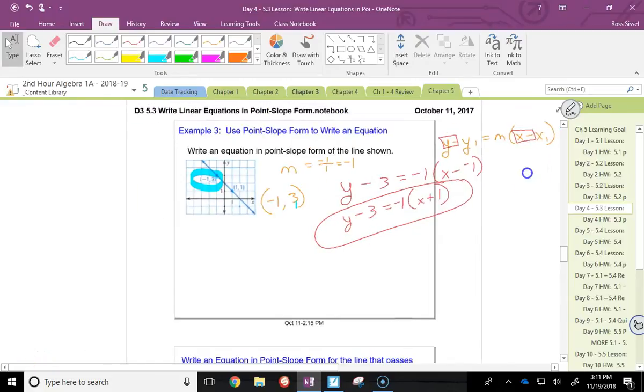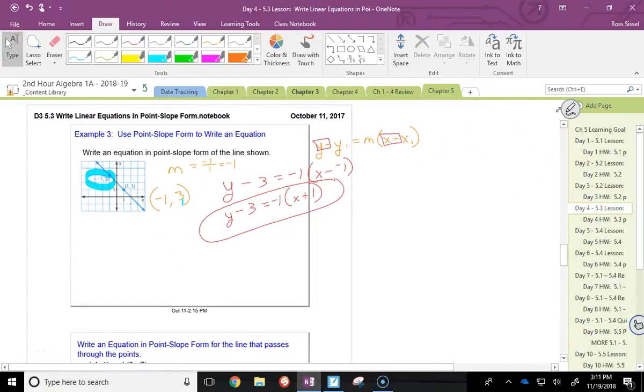Alright, boys and girls, we're going to finish up where we left off today. On example 3, where we left off, we had y minus y1 equals m parentheses x minus x1, and we used our coordinate over here, negative 1, 3.